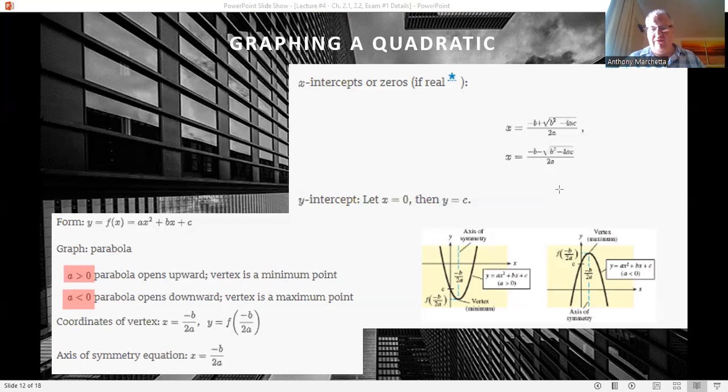But if it's a negative coefficient, like in the last one, negative 0.1x squared, you'll notice it was a frown face, concave down. So remember that the sign of the A value, the coefficient of x squared, dictates whether it's up or down. If you have many equations and want to know which is which, just look at the coefficient of x squared. Negative coefficients go down and positive ones go up.